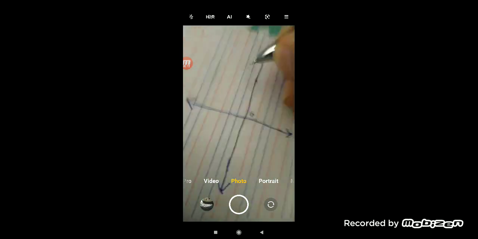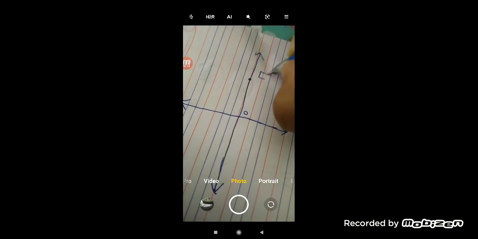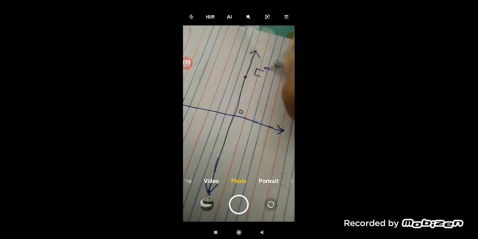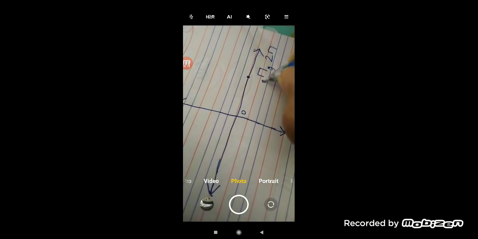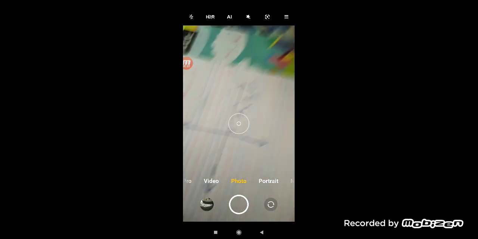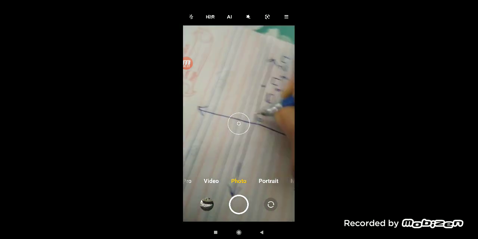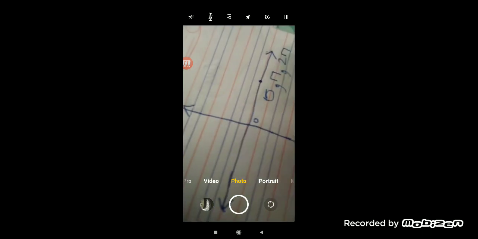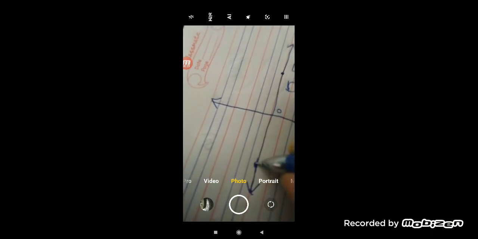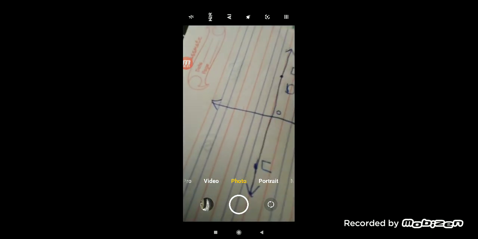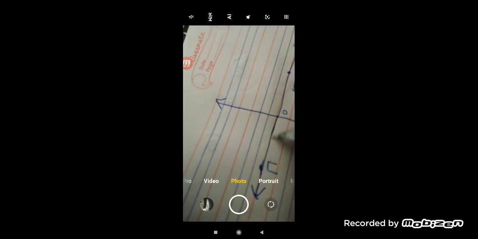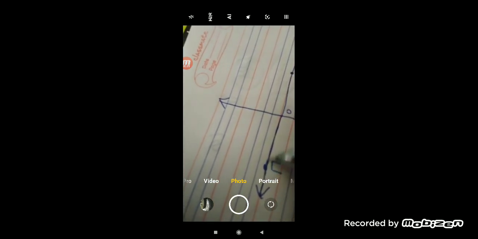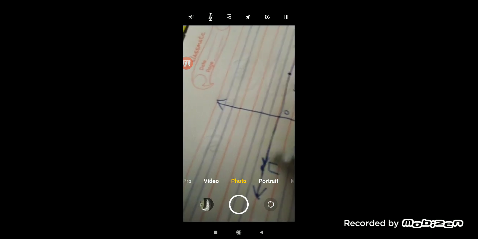So if x is pi or 2 pi or 0, what's the great deal about it? How does it matter? If x is pi, then it'll be over here, right?